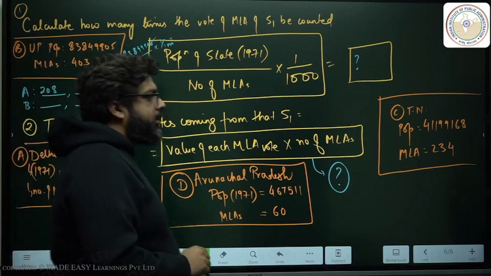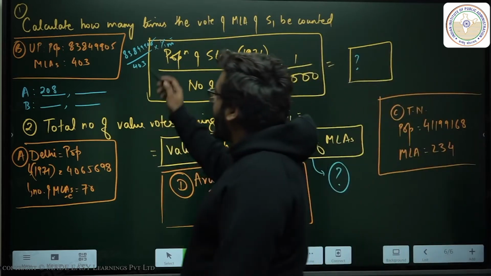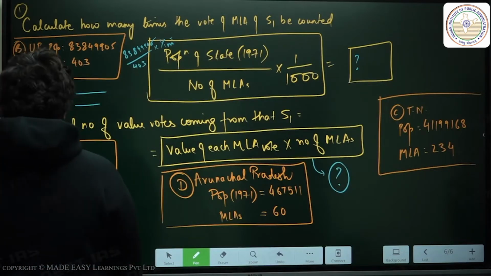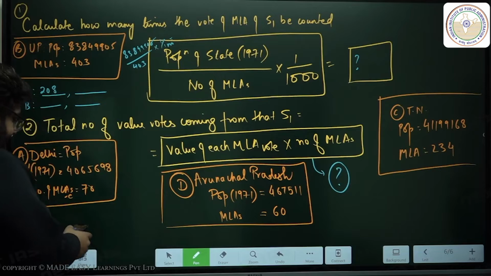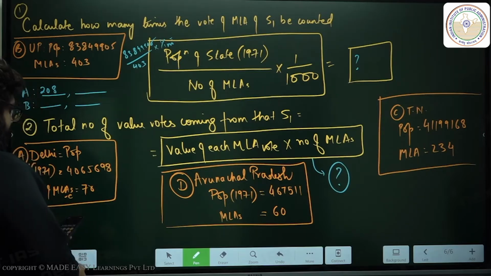And the total number of votes that will come from UP... 58 कैसे आ रहा है भाई? वेरी गुड भाग्यश्री, 208. अरे भाई ये 208 आना चाहिए. 838,49905 divided by 403 is 208.06.